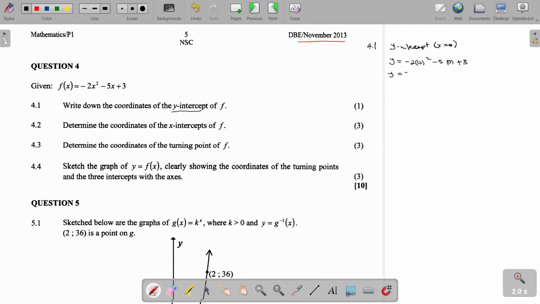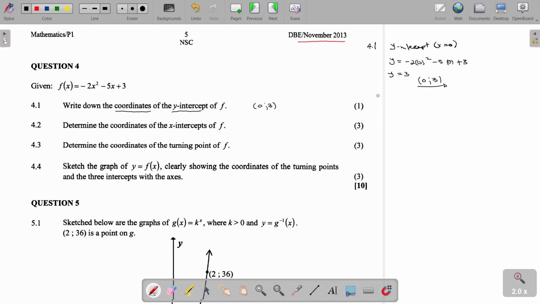Y is equal to 3. Then because the question wants coordinates, we write our answer as coordinates, which is going to be (0, 3). So here our answer is (0, 3).